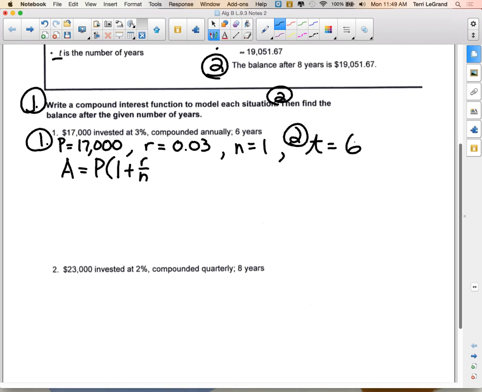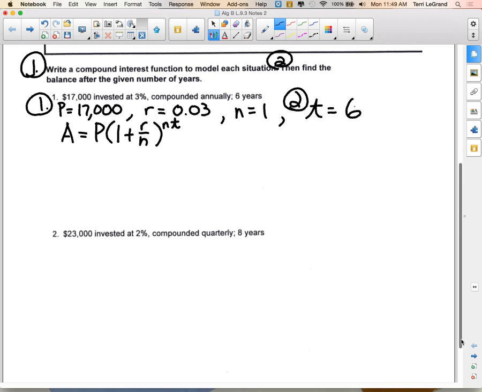So they have to divide that rate up. And then it's raised to the NT power. Every time you write it down like this, you will get it memorized.